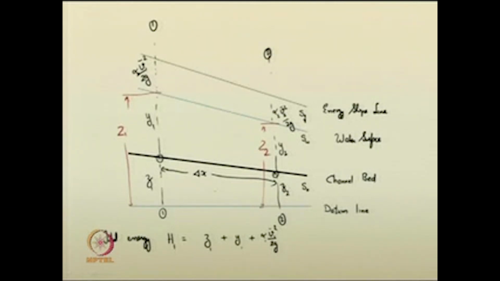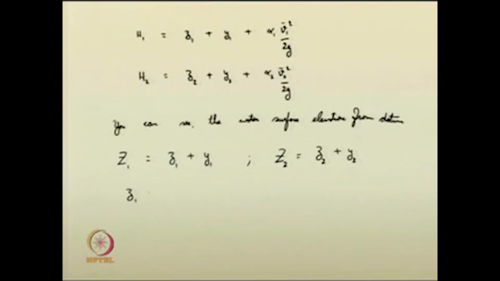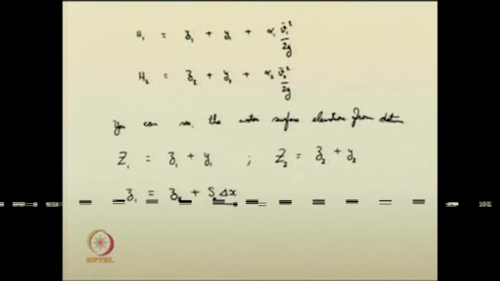Your z1 is nothing but z2 plus the channel bed slope, which is already given to you, into this particular distance, that will give you the difference between z1 and z2, right. So, I can write z1 as z2 plus S0 into del x.